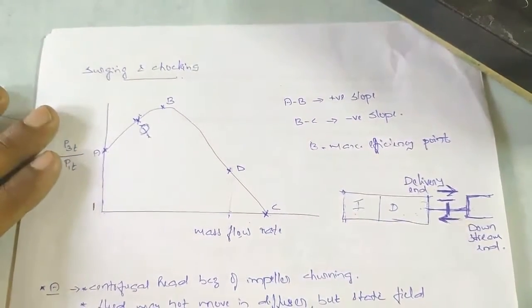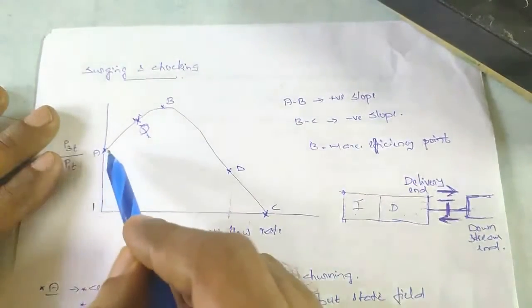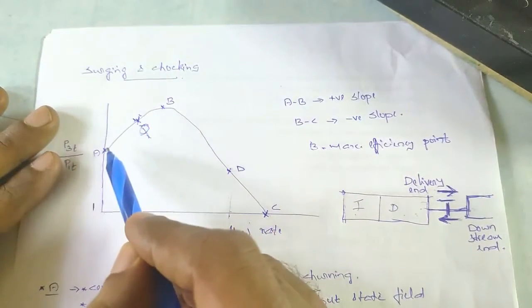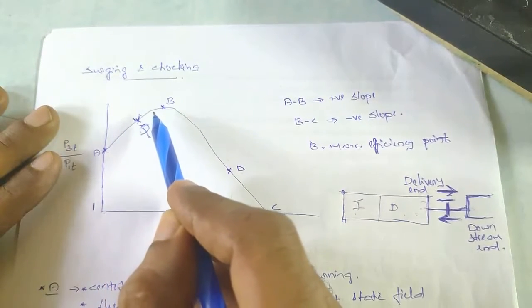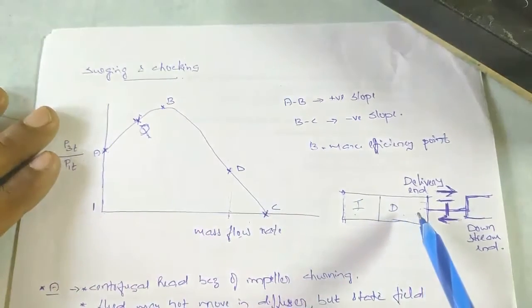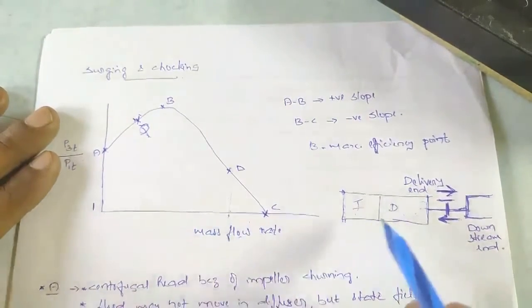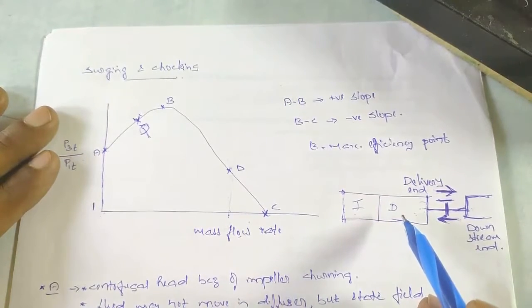Now consider that the delivery valve is opened. That means the mass flow rate is increasing from A. That means the flow starts through the diffuser, and the diffuser also will act on its quota of increasing static pressure.